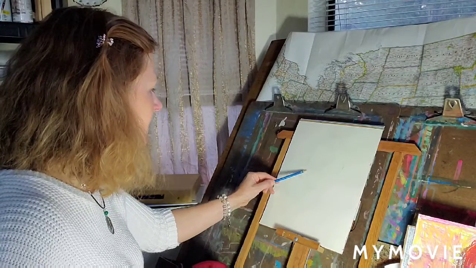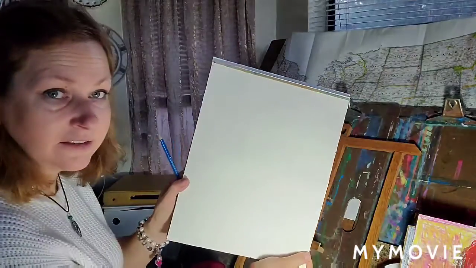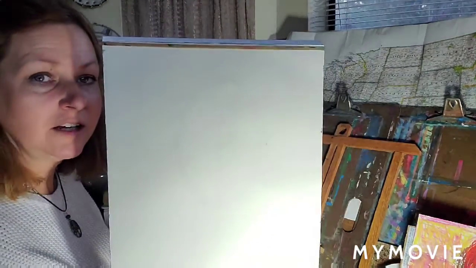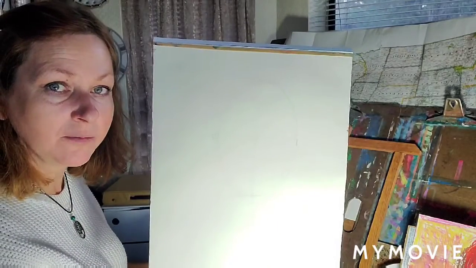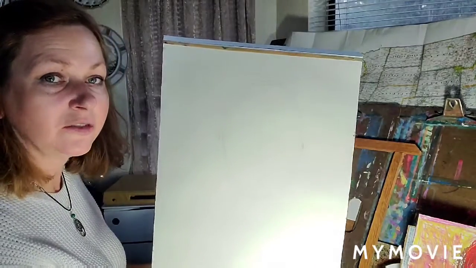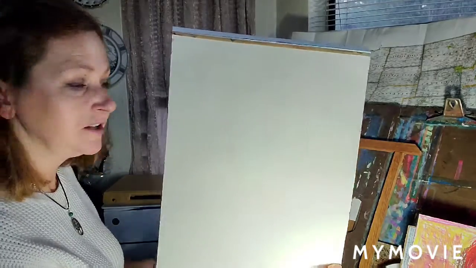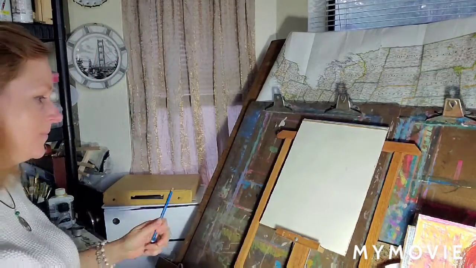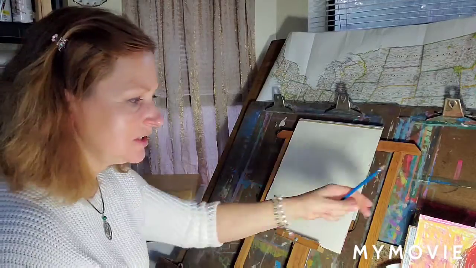When we're done with the oval, it's going to look like that. As I said, it might be a little bit wider, a little bit more round, but it doesn't matter, because that's up to you and up to the person in front of you, and the model of face you have in front of you. So when we've got the oval, we're going to start planning the features on this face.